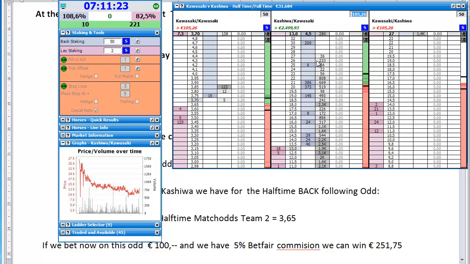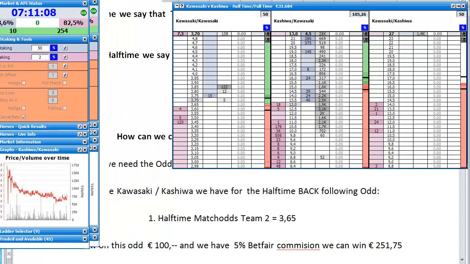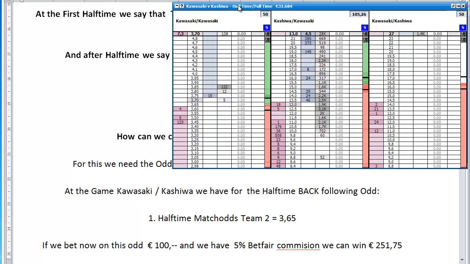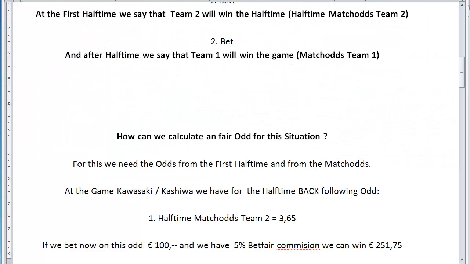So, you can see we now have an odd around 13 that Kashiwa will win the first halftime and after that Kawasaki will win the game. Okay, how can we calculate a fair odd for this situation now? As I told you, we need the odds from the first halftime match odds.